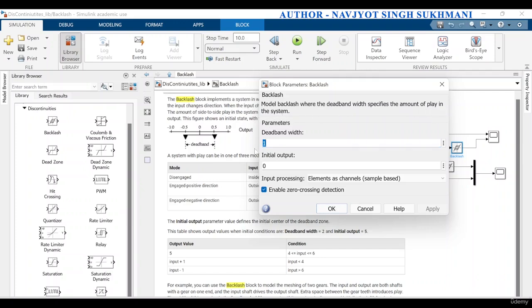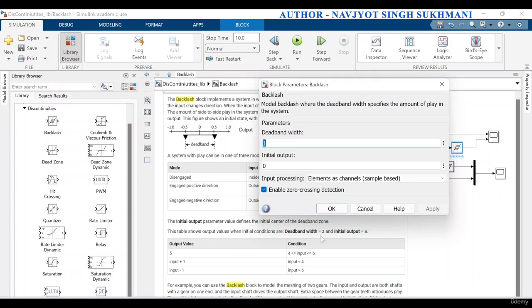There are some parameters we can give. What is our dead width? The dead width is what we are giving here. You can see the initial input that we can define as an initial dead zone. Like in a table, it's shown, we have some initial condition.